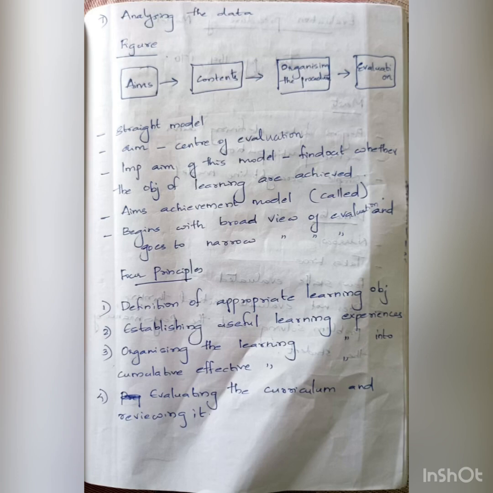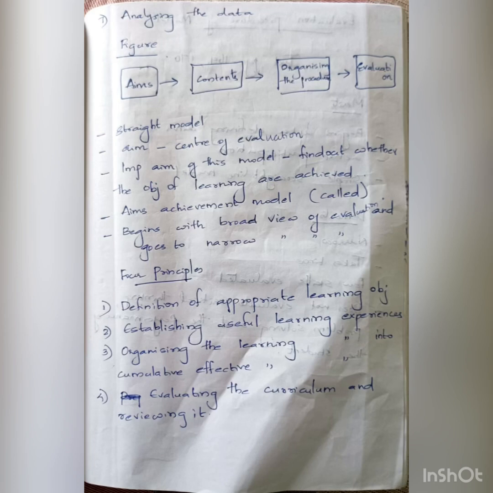Evaluation is at the center, that is its aim. The important aim of this model is to find out whether the objectives of learning are achieved. Then it is also called the aims achievement model. It begins with a broad view of evaluation and goes to a narrow view of evaluation. Next come the 4 principles of this evaluation model.